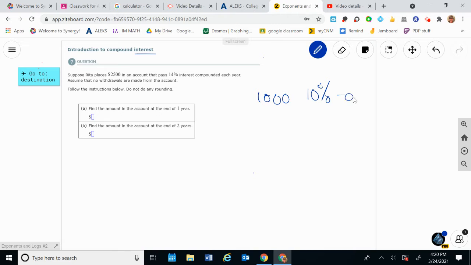Then the next year you would owe 1,000 plus 10% of 1,000, which is $100. So you would owe 1,100. So the idea of interest is that it's a percentage that they charge you or that you earn.